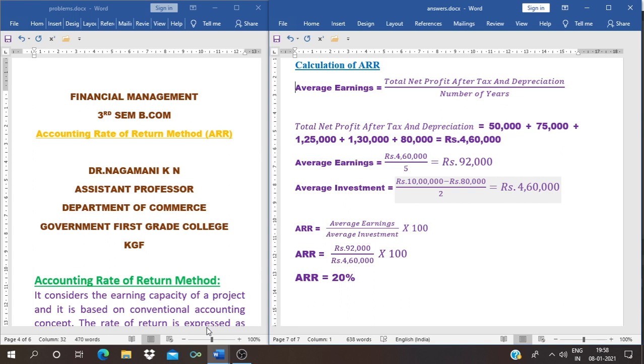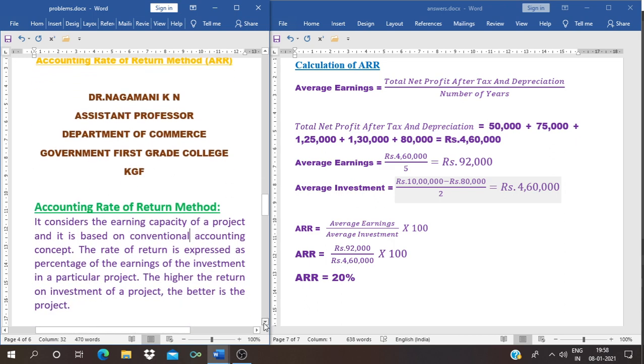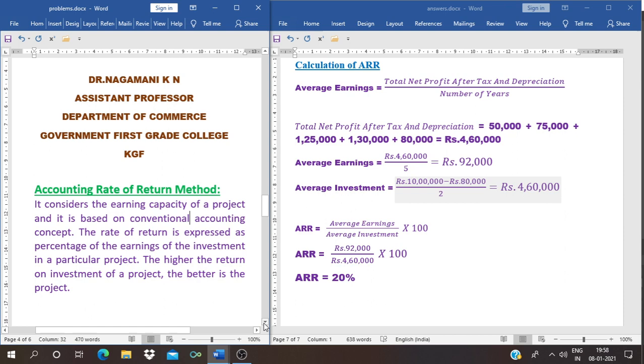First, let us discuss the meaning of the accounting rate of return method. We can call it ARR. This ARR considers the earning capacity of a project and it is based on the conventional accounting concept.